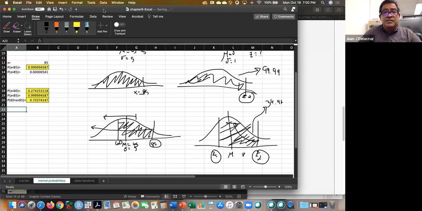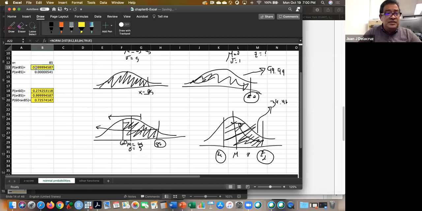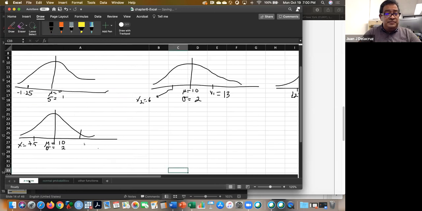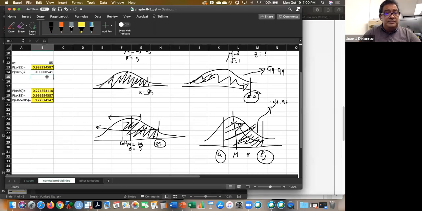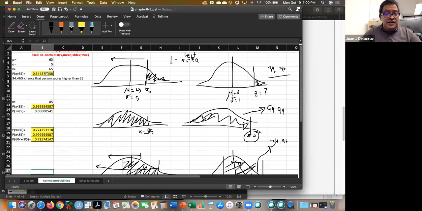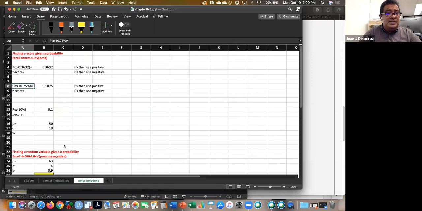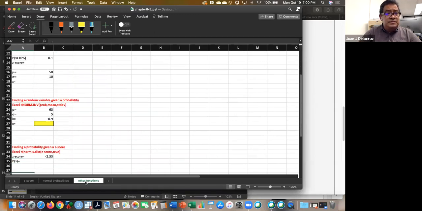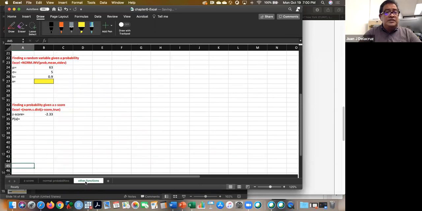No, something is happening in my computer. So I didn't do the K percentile here. Let me see if I did it here. Okay, so this is the K percentile.